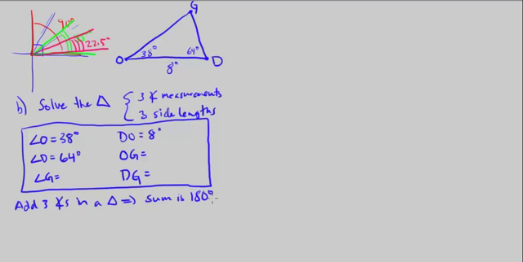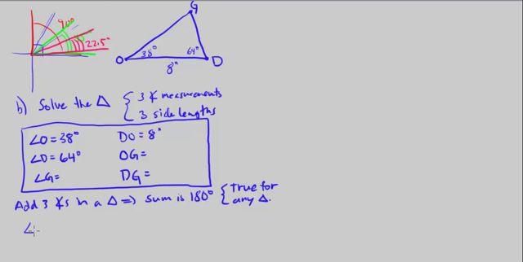This is true for all triangles. True for any triangle in the world. Okay, no matter what it is, if it's a right triangle, if it's an obtuse triangle, if it's an acute triangle, if it's scalene, acute, isosceles, no matter what, this is true. The sum of all 3 angles is 180 degrees.